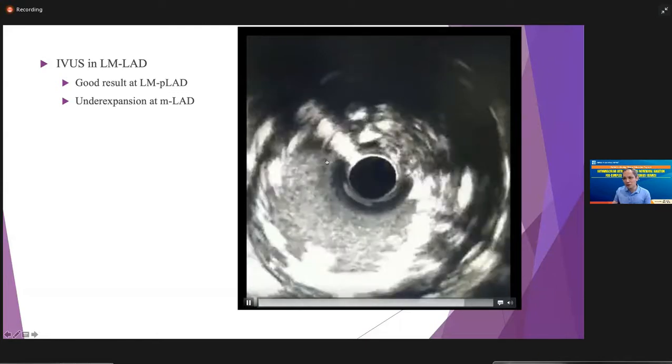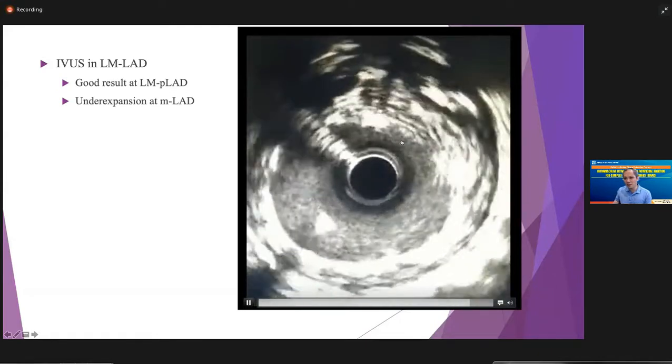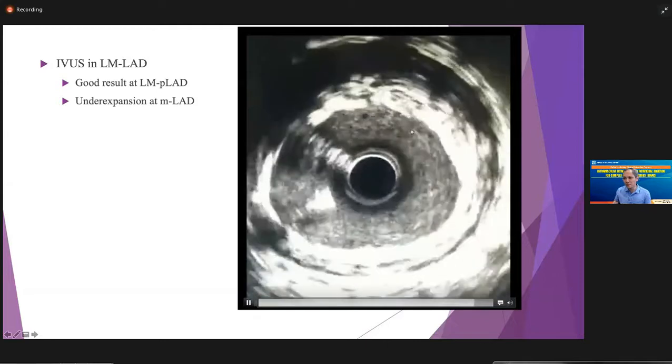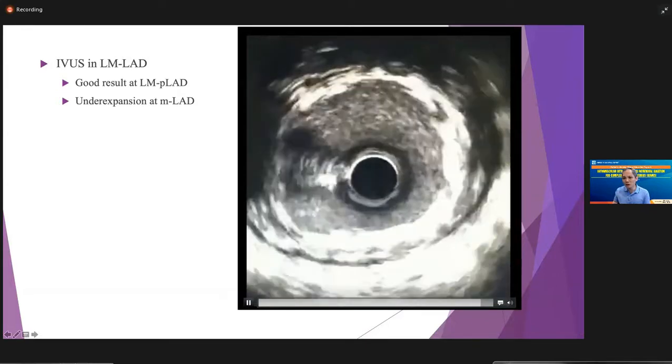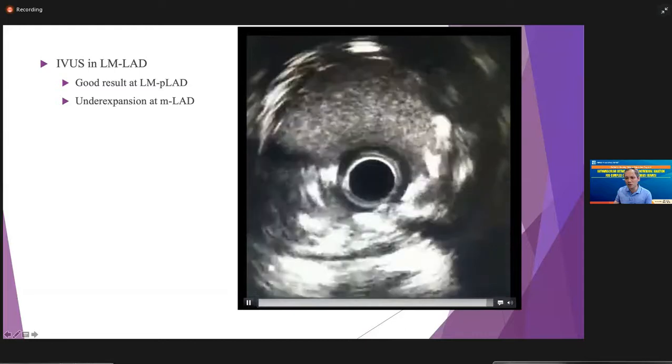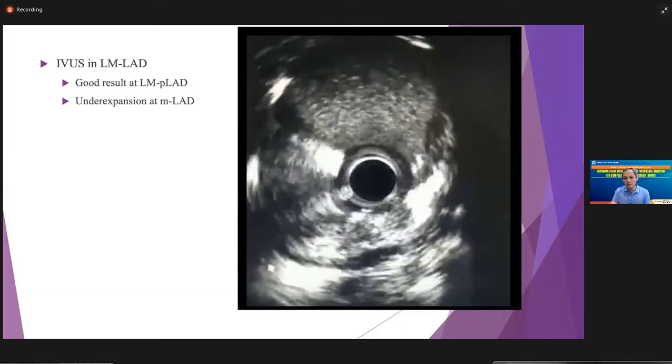In the ostium, in the left main, I think it is a bad result in the left main because I used two big balloons for kissing, 4.0 and 2.75.